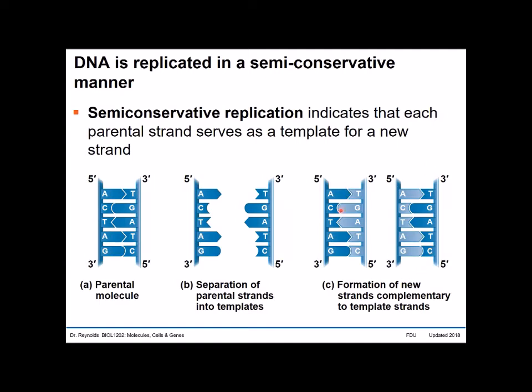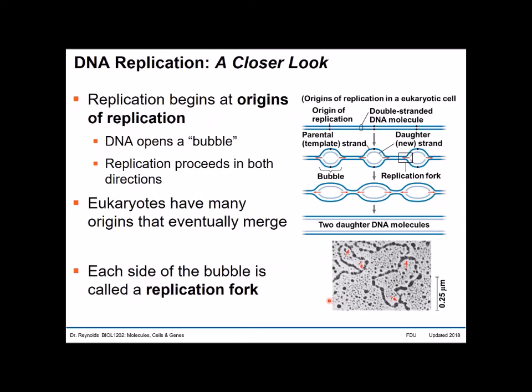So we're going to conserve one parental strand and add an additional new daughter strand in each of the new DNA molecules that are created. So we call this semi-conservative replication.